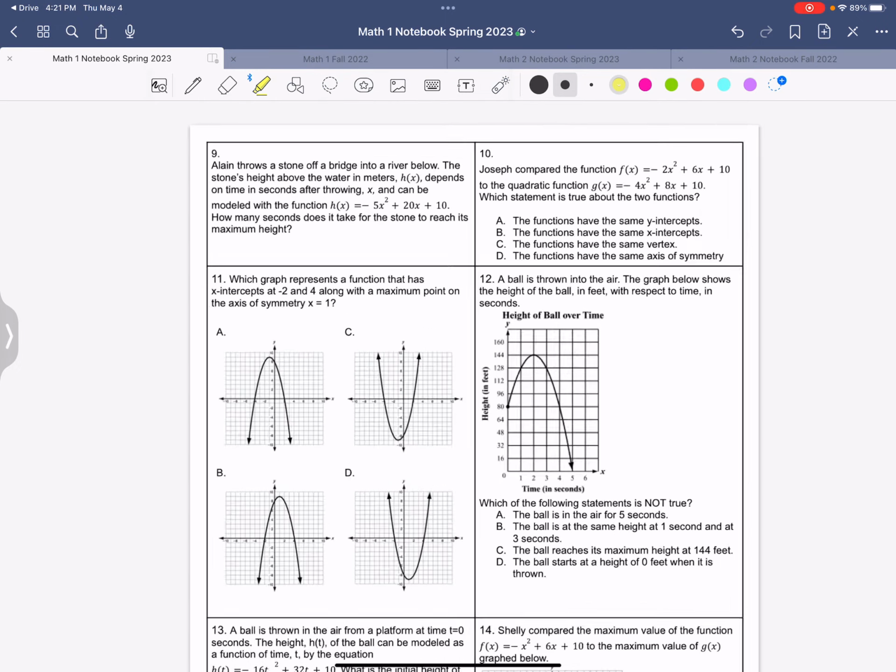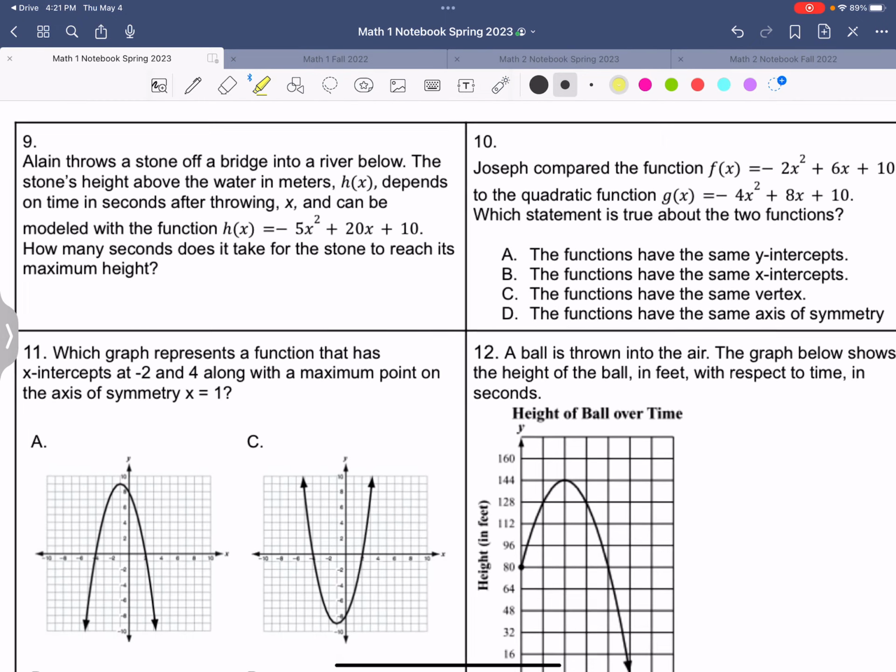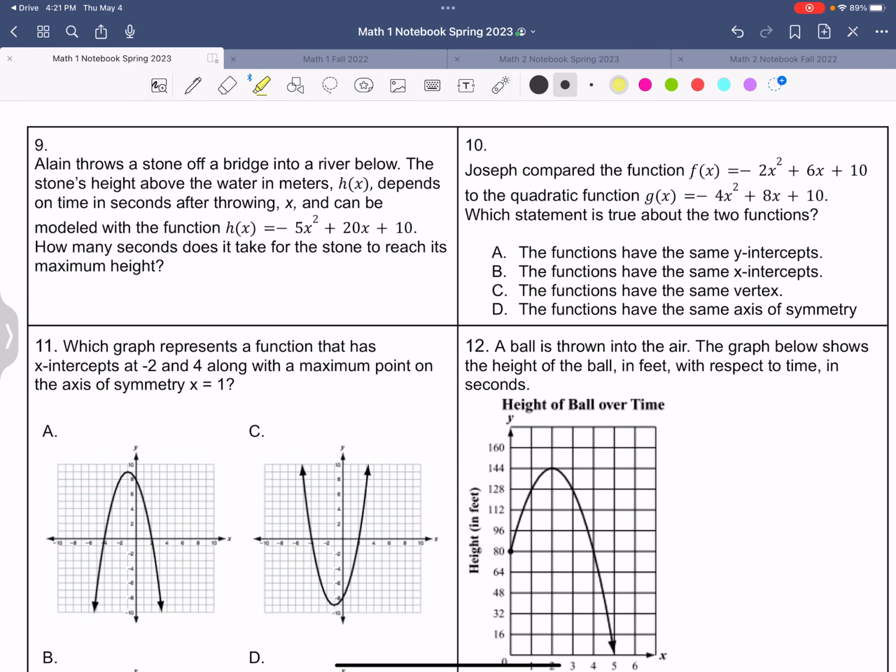On to page 2. Again, calculator inactive, so use that to your advantage. The question being asked here: how many seconds does it take to reach the maximum?